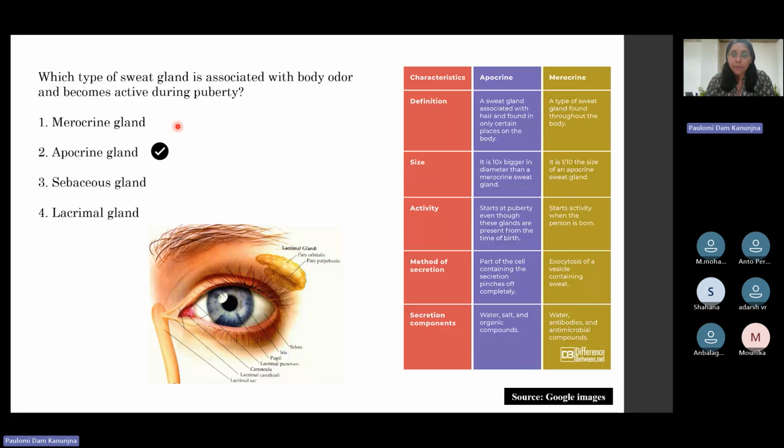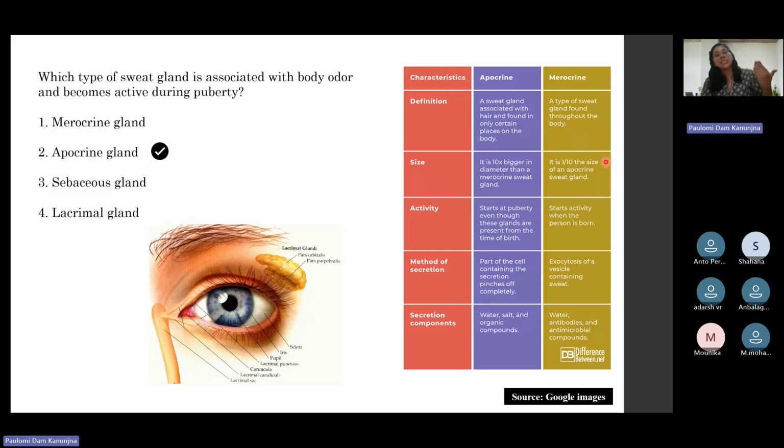Now sweat glands are of two types, apocrine and merocrine, and the question here was associated with this. Let us understand what's apocrine and what's merocrine. Apocrine are sweat glands associated with hair and found in certain places of the body, while merocrine are found throughout the body. Apocrine glands start at puberty, while merocrine glands are active since you are born.